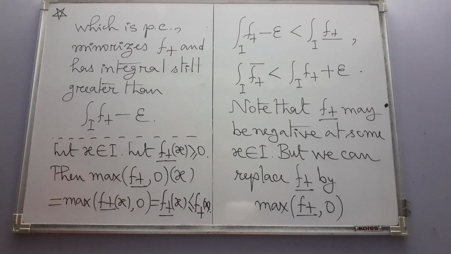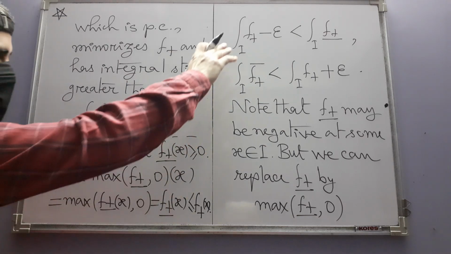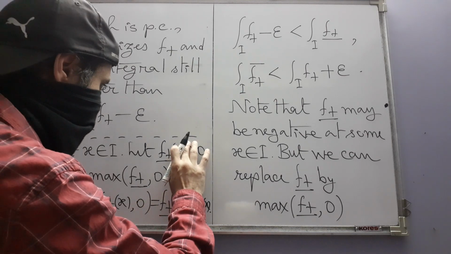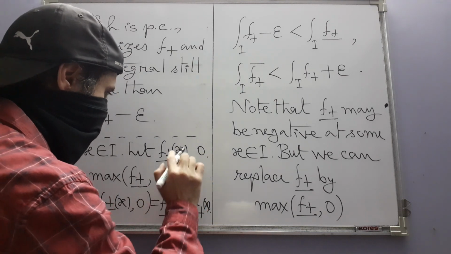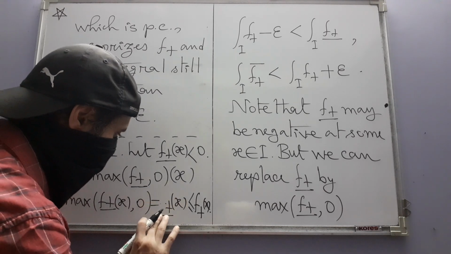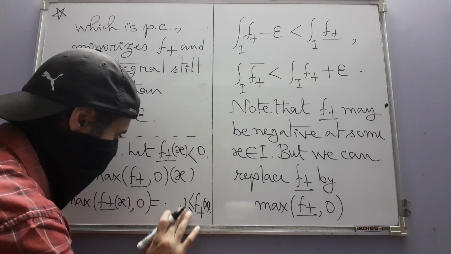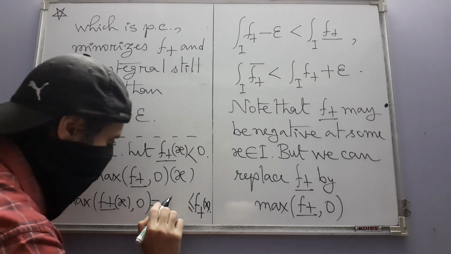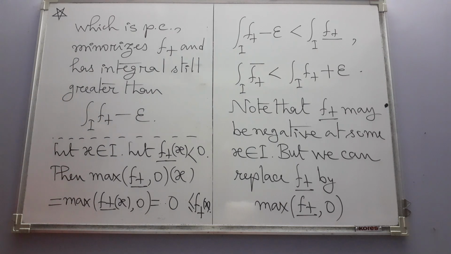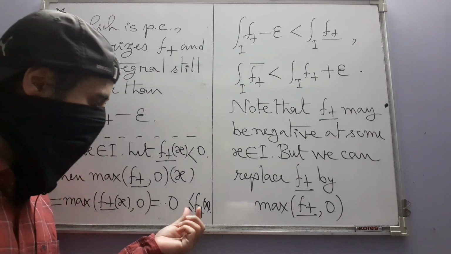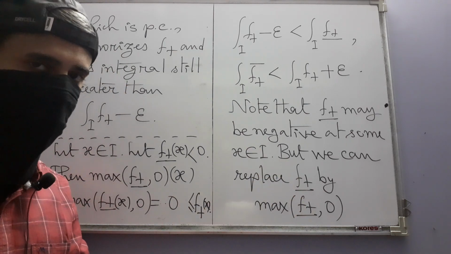Let us next see the other case. Instead, if you have this, then what will happen? Then this is negative, so the maximum is 0. Again 0 is less than or equal to this. Why? Because f plus is itself non-negative.